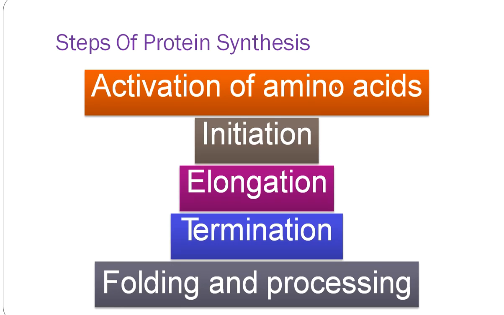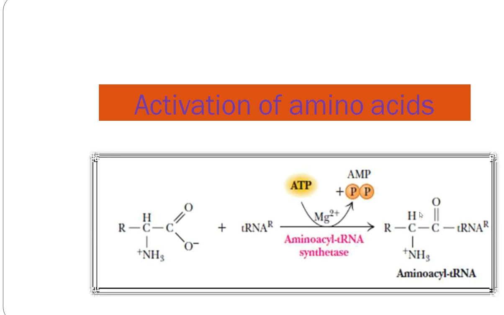Now the steps of protein synthesis. Activation of amino acids is the first step, then initiation, elongation, termination, and the last one is folding and processing, that is post-translational modifications. So first, activation of amino acids, or charging, occurs.